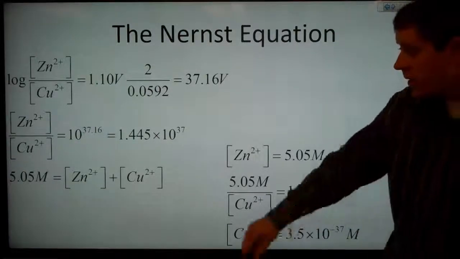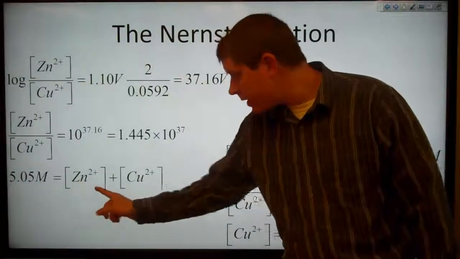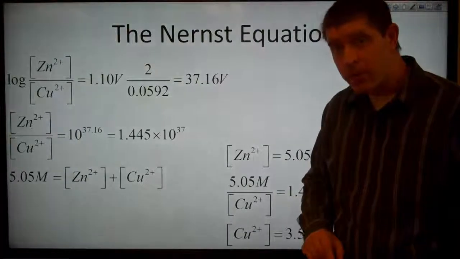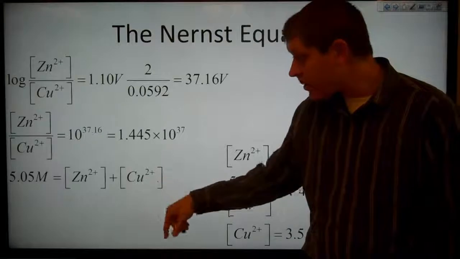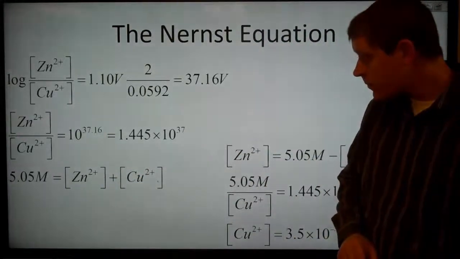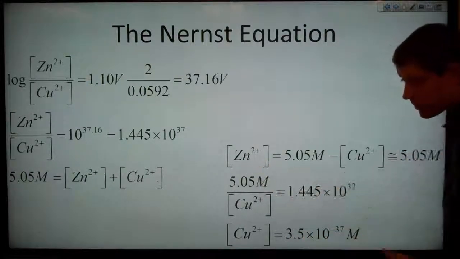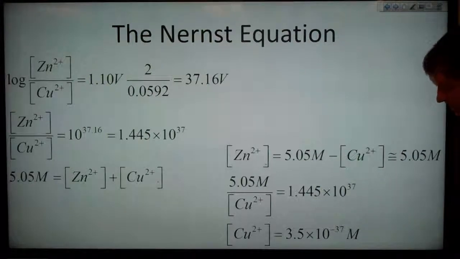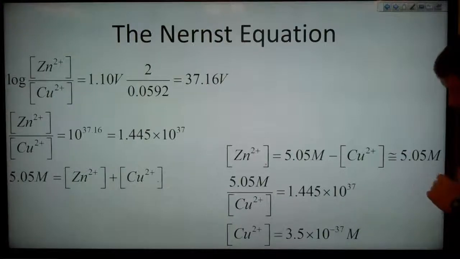But we also know that the total concentration of zinc and copper has to equal 5.05 molar, because we started with 5 molar concentration of copper and 0.05 molar concentration of zinc. So we can then solve for zinc concentration is equal to 5.05 molar minus the copper concentration. That's then going to be about 5.05 molar.